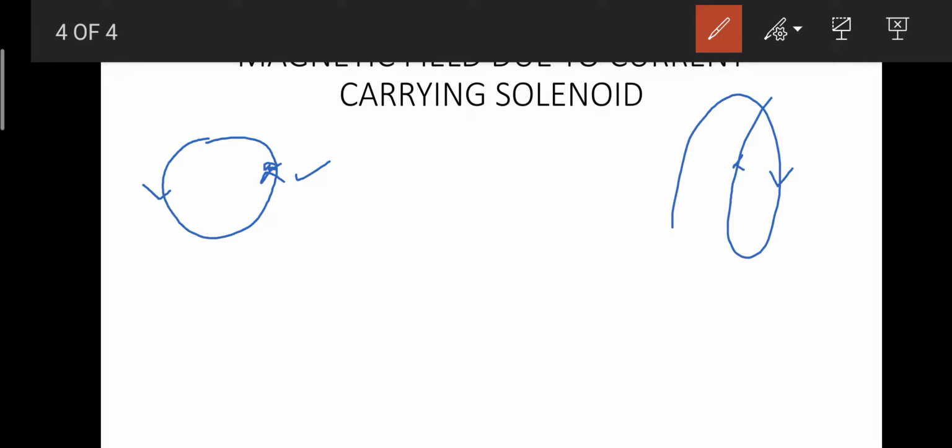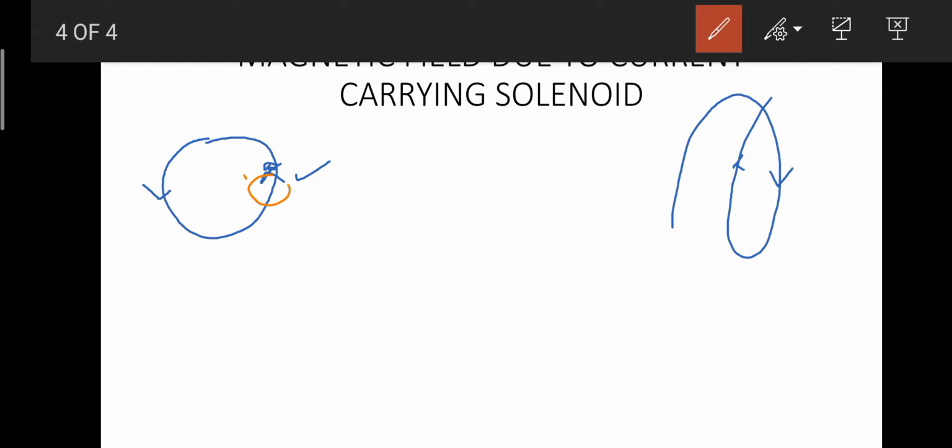The curl of the fingers indicates that the direction of magnetic field would be anti-clockwise. If I want to draw that, it would be like this. So this would be towards me, out of the screen.